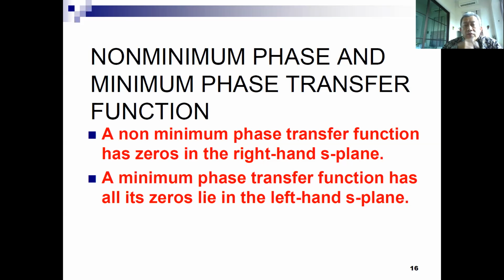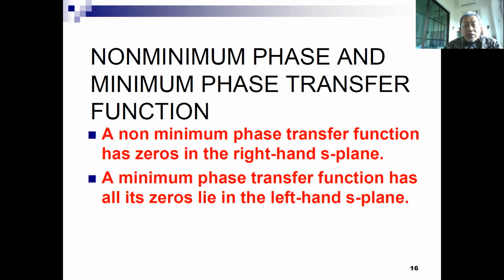So the definition is that a non-minimum phase transfer function has zeros in the right S-plane. This is the S-plane in continuous time. The one that I mentioned yesterday was in the Z-plane. In the S-plane, there is no unit circle, but in the Z-plane, there is a unit circle. One is continuous; yesterday was the discrete form.